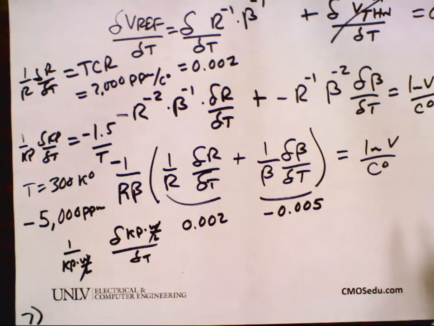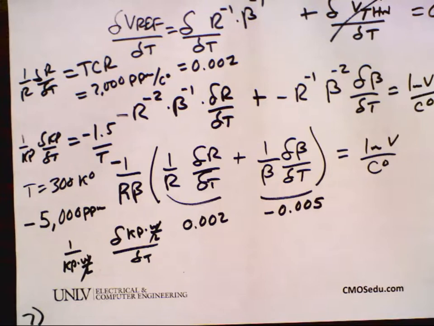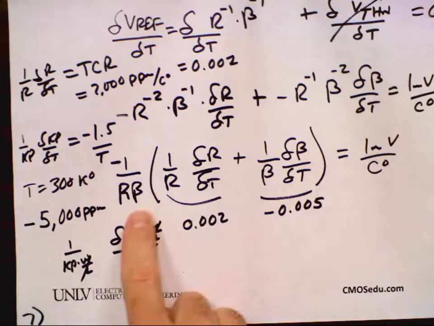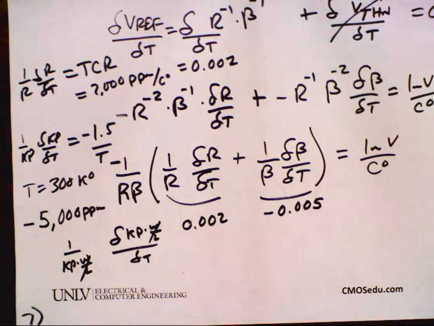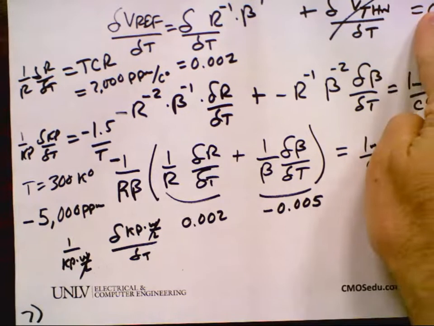All right, so let's go and just for the one we have in the book, looking at this and the value of R and beta, can we ever get a 0 TempCo? Because I took the derivative, I set it equal to 0.